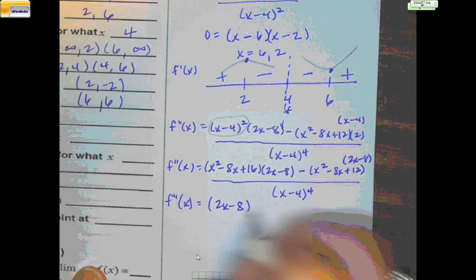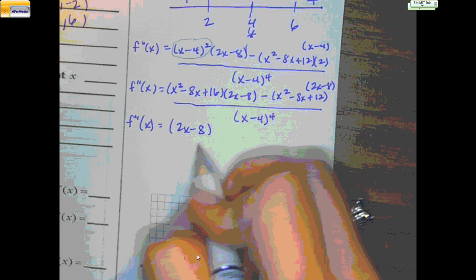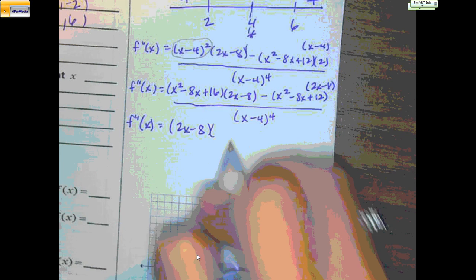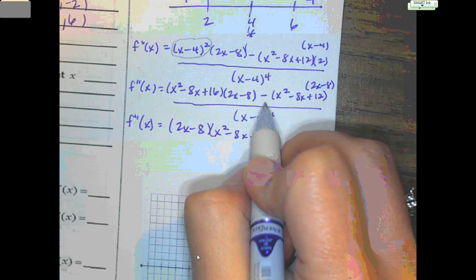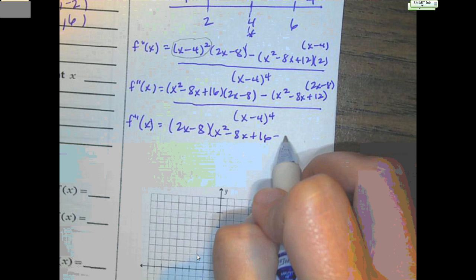But I think we will get something simplified faster. If I factor out a 2x minus 8 from the first term, I'm left with x squared minus 8x plus 16. From the second term, and remember this negative gets distributed to everybody, I'm left with minus x squared plus 8x minus 12.